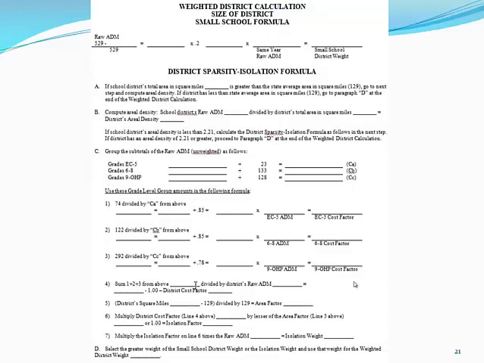We realize that it's going to cost the district more money. Even the sense of getting the students together in a large isolated district is going to cost the district more money. And so therefore we want to help compensate that, and so we calculate the isolation weight. So we have small school weight and isolation weight. You get one or the other, you don't get both.